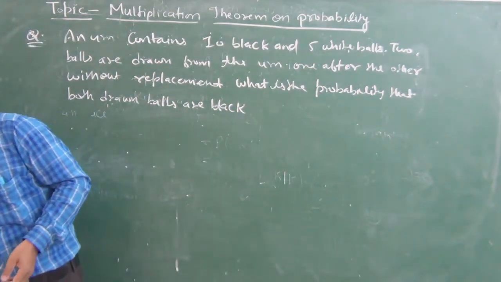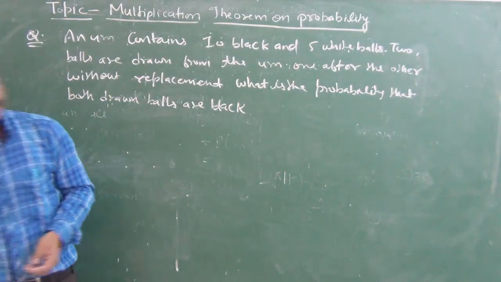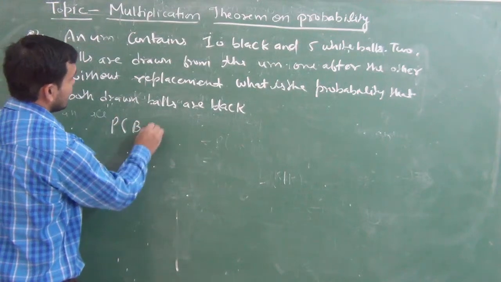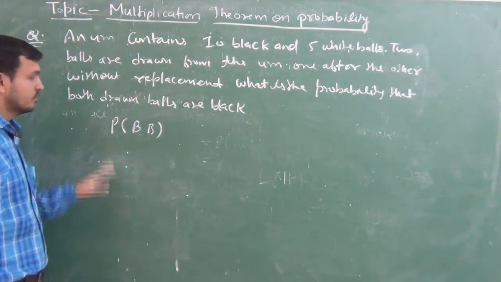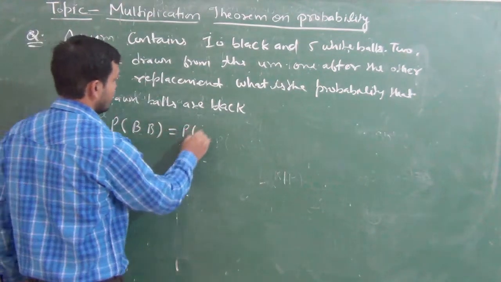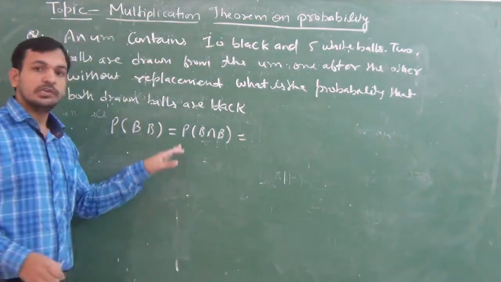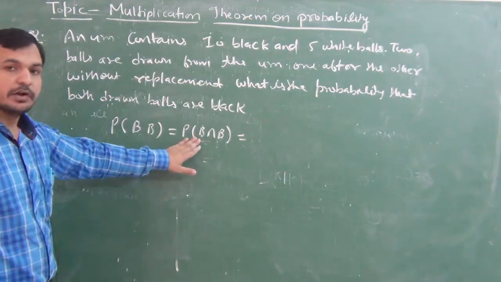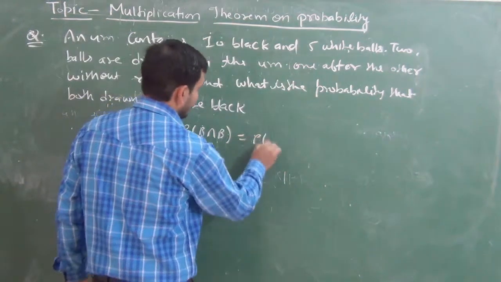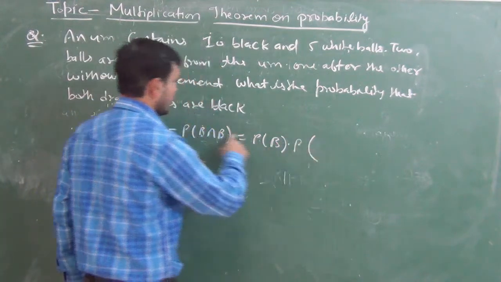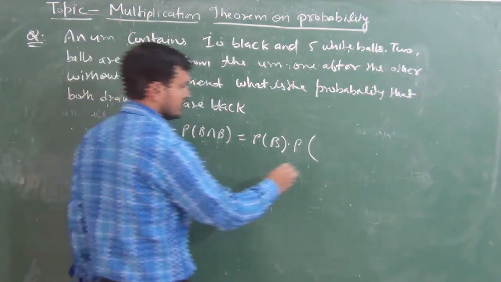So it means we want to find the probability of black and black, BB, probability of B intersection B. Then using the multiplication rule, this can be written as probability of B into probability of B when B has occurred.